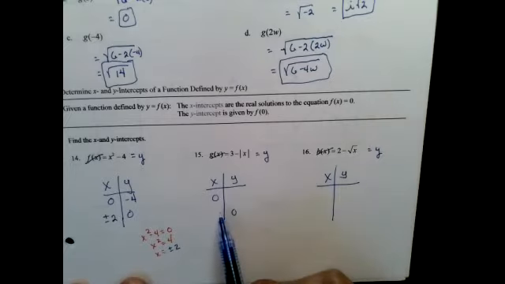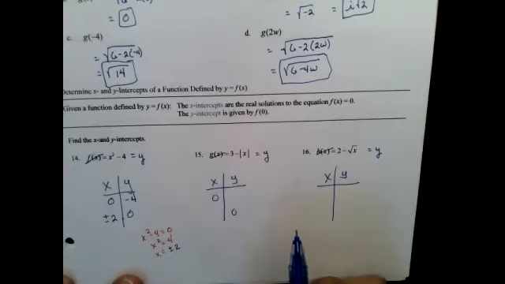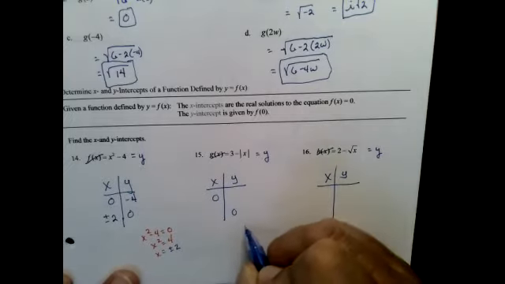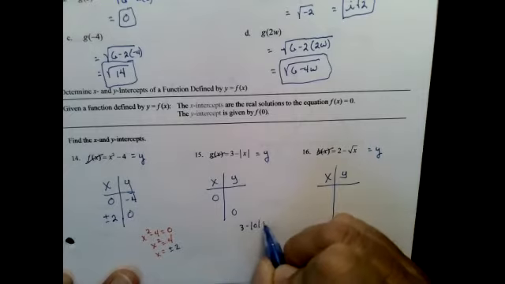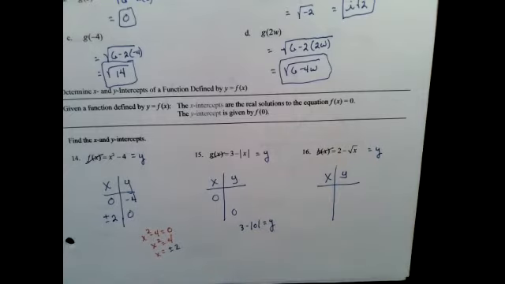15. If I put 0 in for x, y equals 3 minus the absolute value of 0 equals y.